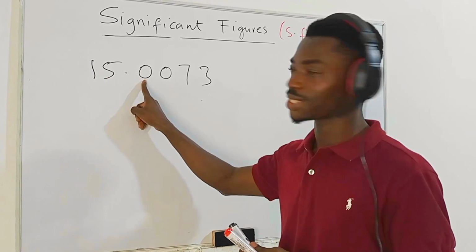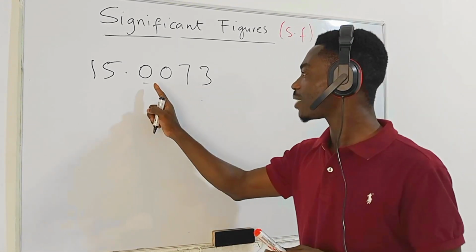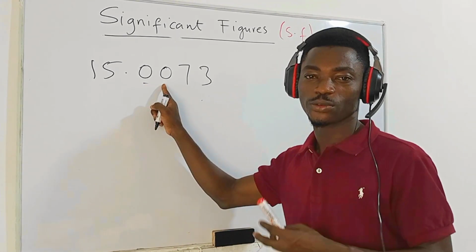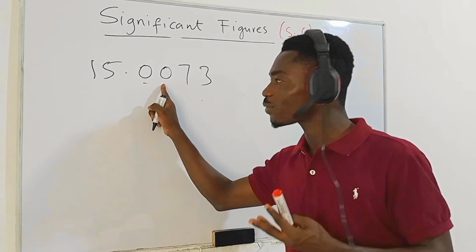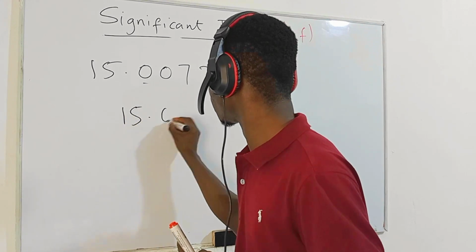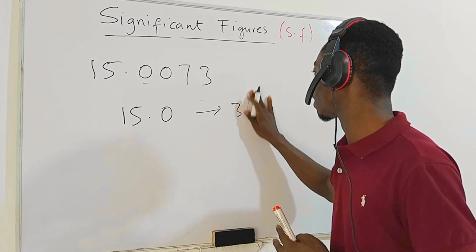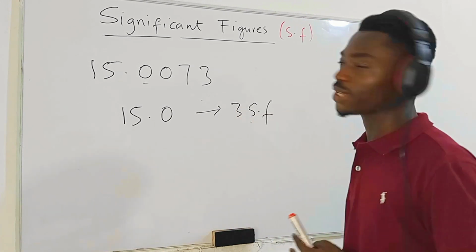We landed on this 0 right here. Okay, now the number that is next to this 0 is still 0, which is obviously less than 5.